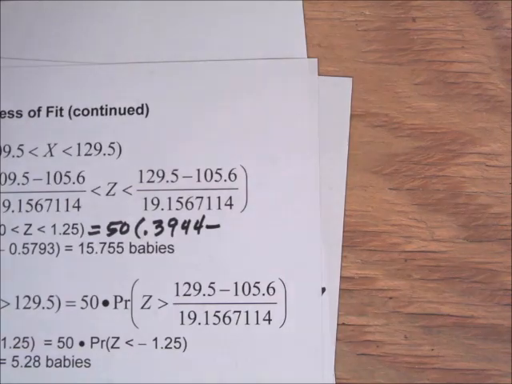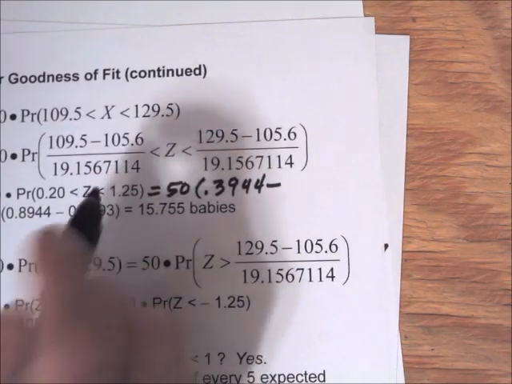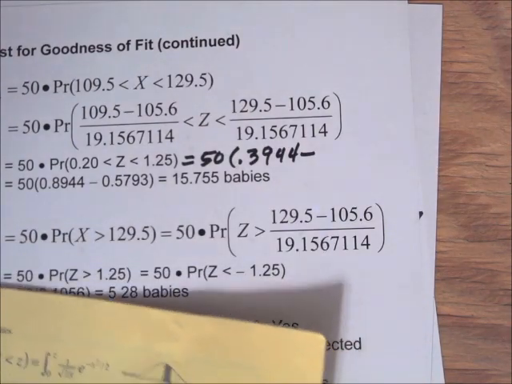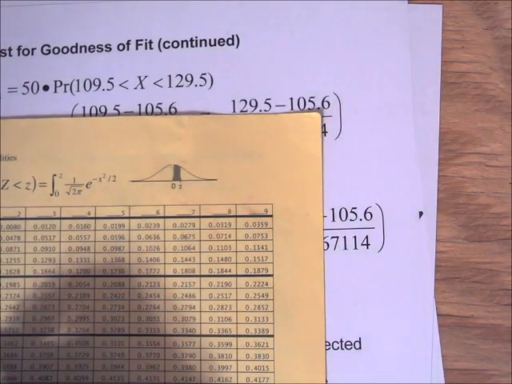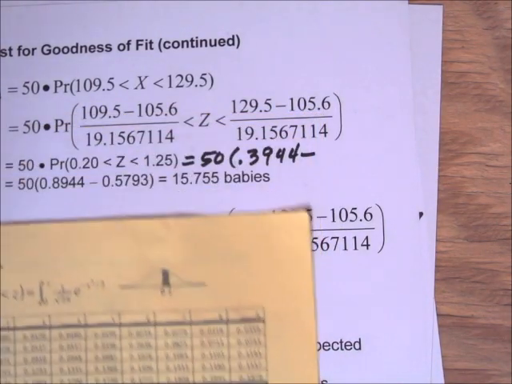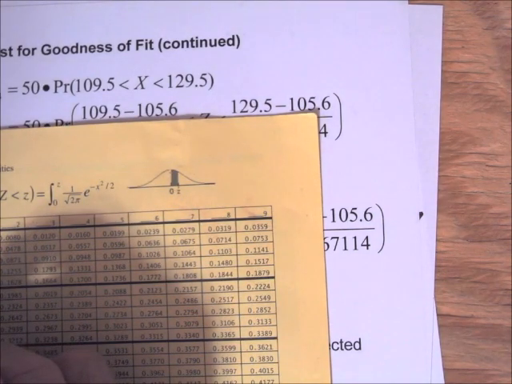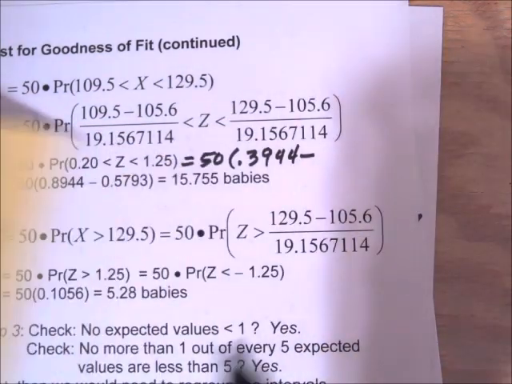Minus, these scores have the same sign, so you want to look up both numbers and subtract. 1.25, we did 1.25, 0.20, 0.0793.